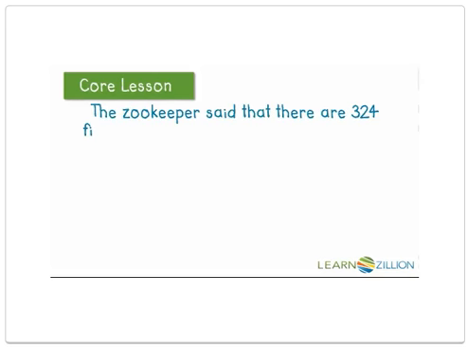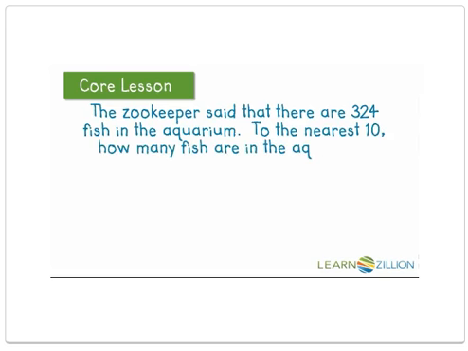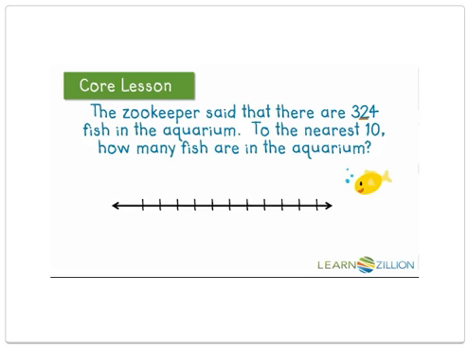The zookeeper said that there are 324 fish in the aquarium. To the nearest 10, how many fish are in the aquarium? Since we know that we're rounding to the nearest 10, I need to focus on the 2 in 324 because it's in the tens. My benchmark numbers would be 320 and 330 because 324 falls in between those two numbers.